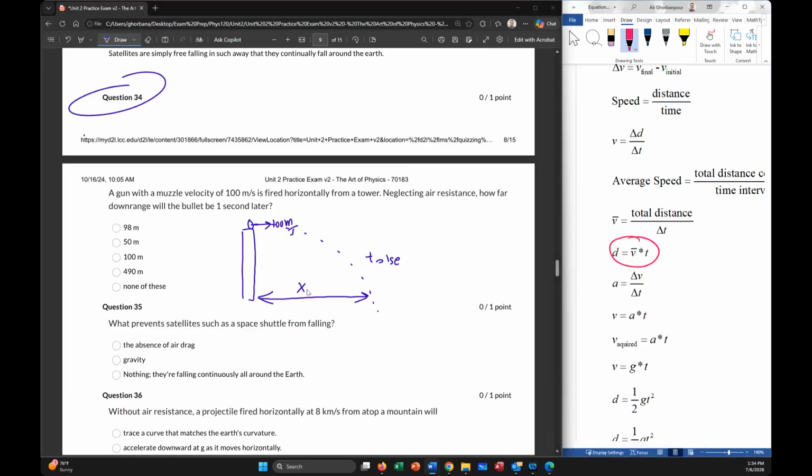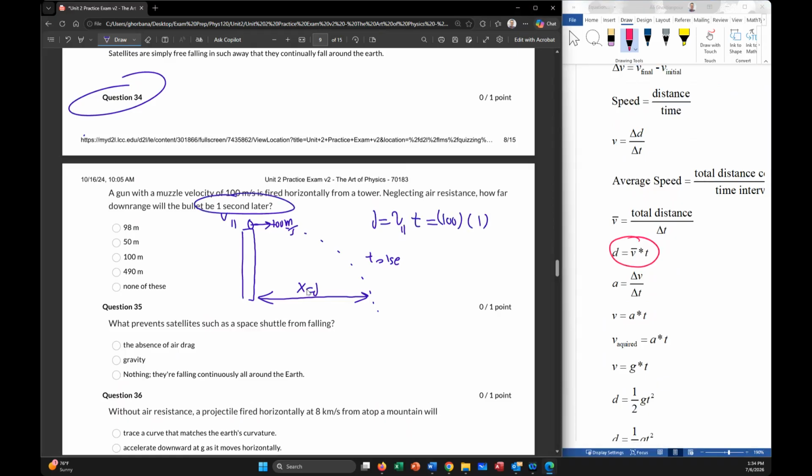Distance is equal to horizontal velocity, I call this horizontal velocity, multiplied by time. Do I have velocity? Yes. Do I have time? Yes. It takes how many seconds? 1 second. 1 second later.